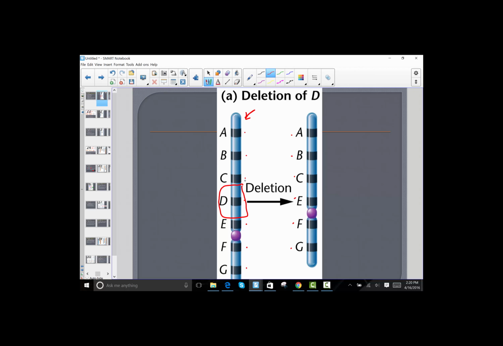We've had a deletion of that segment of the DNA.